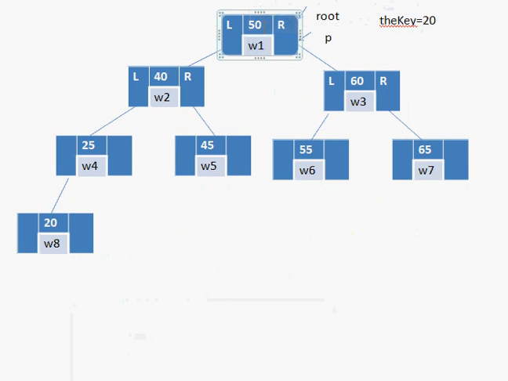Just to ensure the size of the node doesn't grow, I've taken a small number. The key is a small number here, and the word is a two-character word, though it could be a huge word also. Literally we will be storing the word meaning here. To understand it better, rather than taking a word, we take an integer number. This is the key which we will be searching for in this tree.